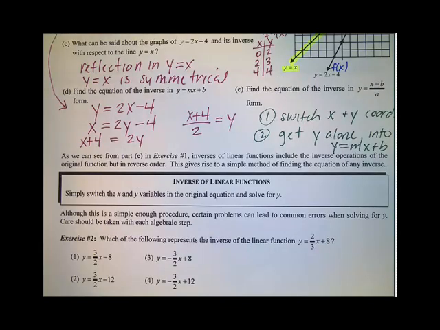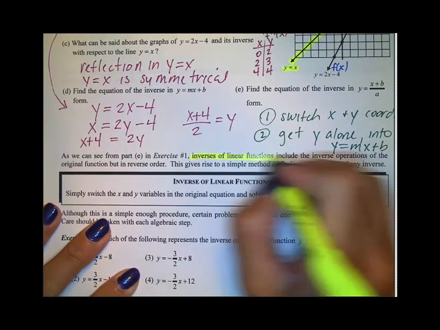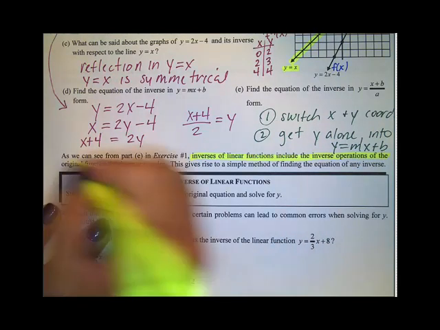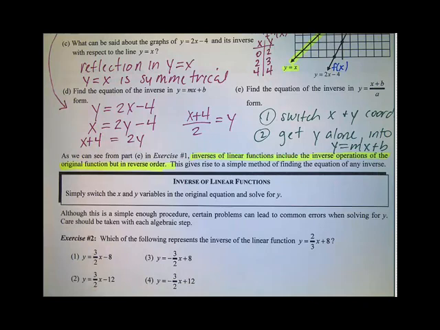As we can see from part E in exercise 1, inverses of linear functions include the inverse operations of the original function, but in reverse order. And that was how we undid and got y alone. So you're going to simply switch x and y in the original equation and solve for y.